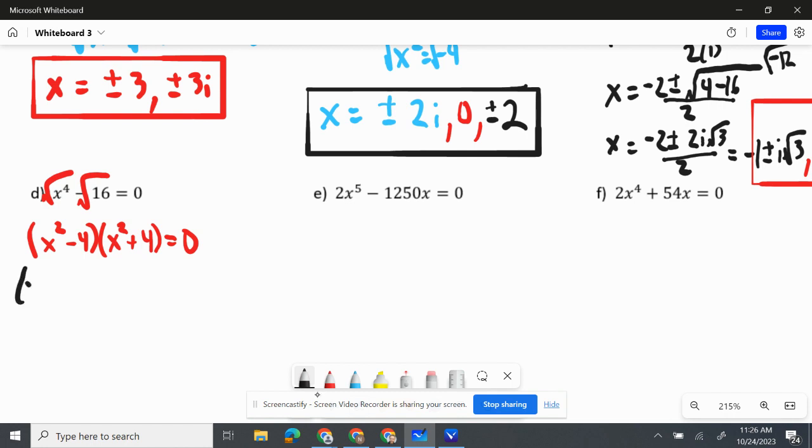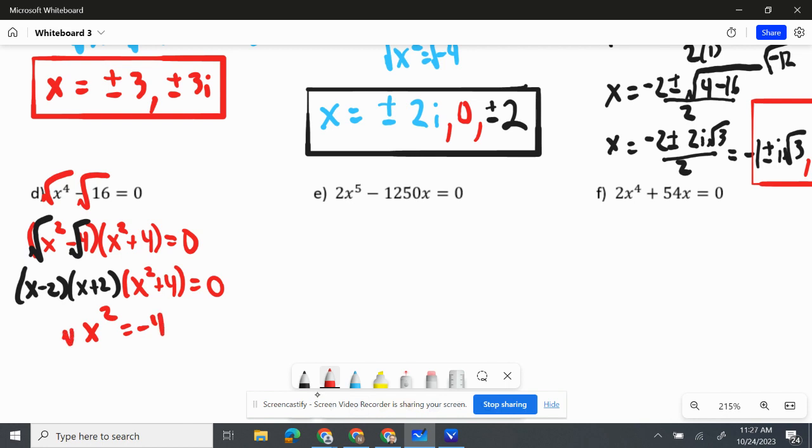That would be x minus 2 and x plus 2 when we take the square root of each of them. And then with the x squared plus 4, what we're going to do is subtract the 4. So we get x squared is equal to negative 4. We take the square root of it. And as we've said before, the square root of a negative is i, so that's plus or minus 2i.